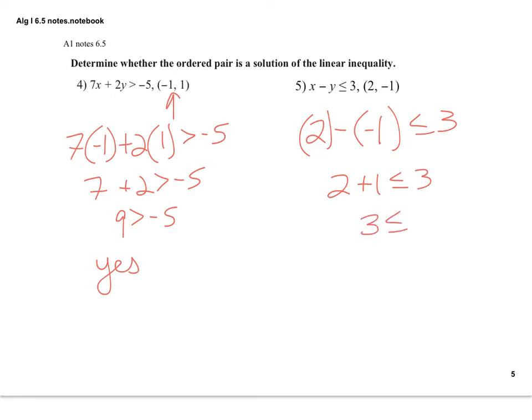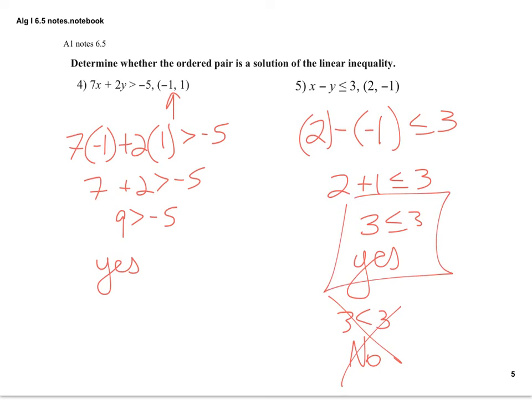And really, that's 3 less than or equal to 3. That works because we've got this or equal to part on the bottom, so that checks out as well. If it was just 3 less than 3, well, those are equal to each other. That would be a no situation. But we don't have that. All right?